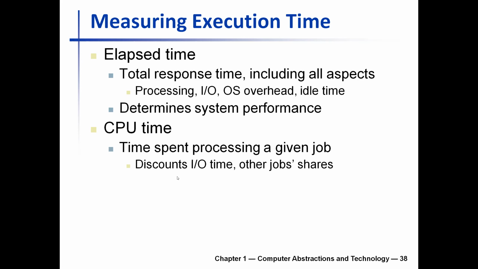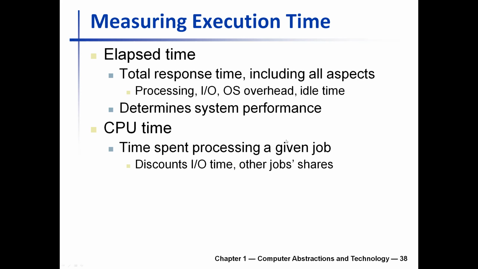So we discount things like how much time the I/O system took, right? For example, how much time did the network controller take to send a packet of data over the network. Your CPU might have had to wait until the network controller tells the CPU, okay, I completed the job, you can go ahead now. So such times are discounted when we talk about CPU time, and also the time taken by other processes, other programs, right?